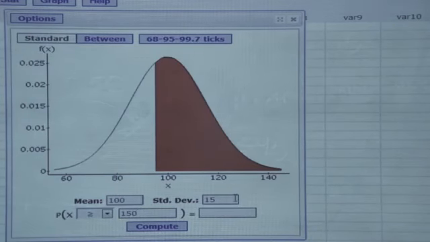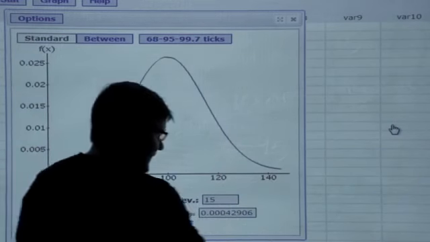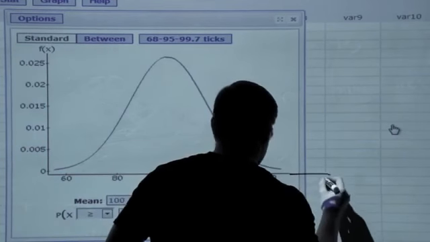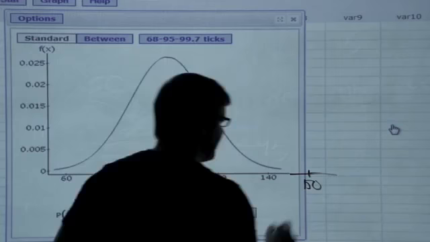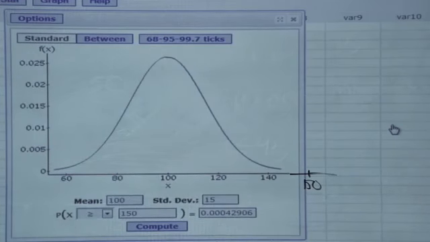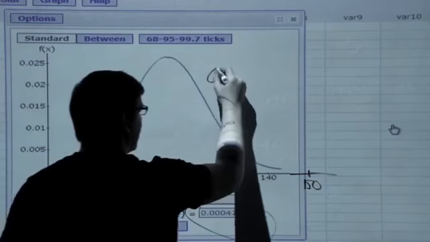Mean of 100, standard deviation 15, probability x greater than 150 is, oh, not too big, right? There isn't even any shading. I mean, 150, I guess, would be here somewhere. I'm shading that stuff to the right of 150. Here's your answer. Looks like it's a 0.12.